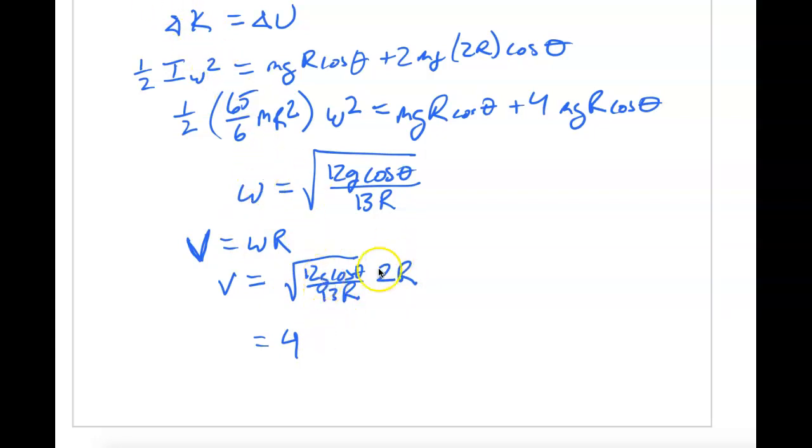We've got 12 cosine of the angle, so let's go ahead and back this up to, there we go. All right, so this is going to be 4 times 3, so this is the square root of 4 times 3, times g times the cosine of the angle all over 13r. And that is multiplied by 2r.